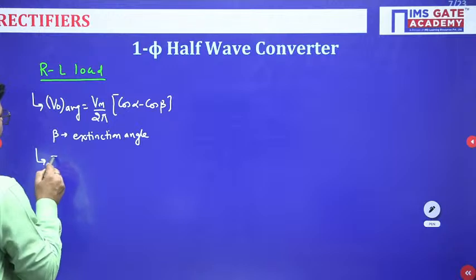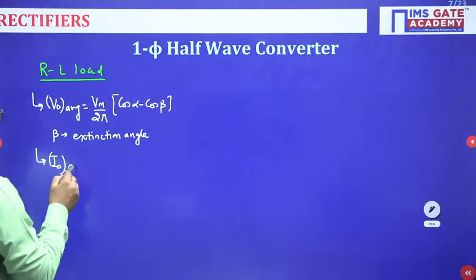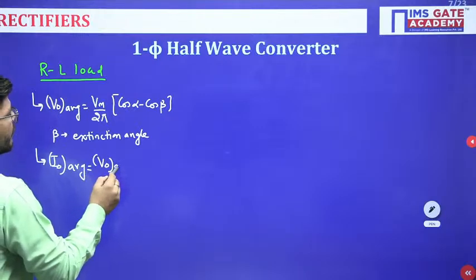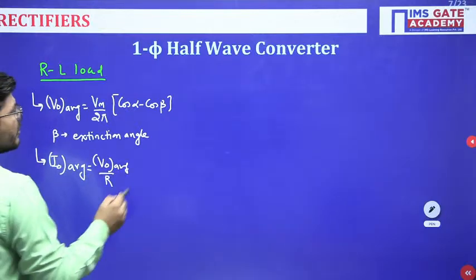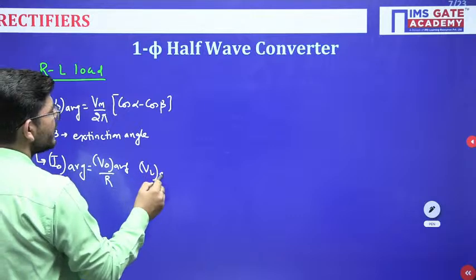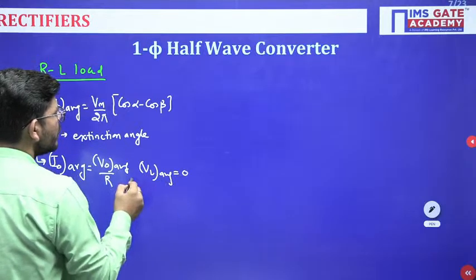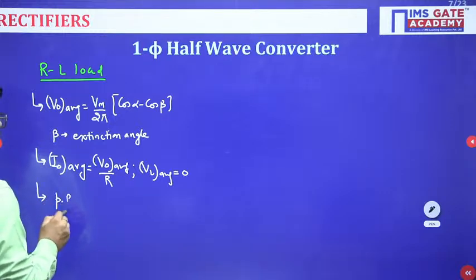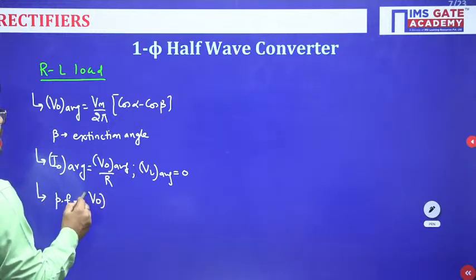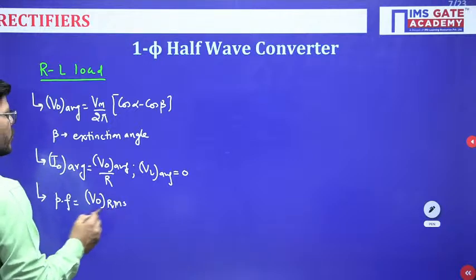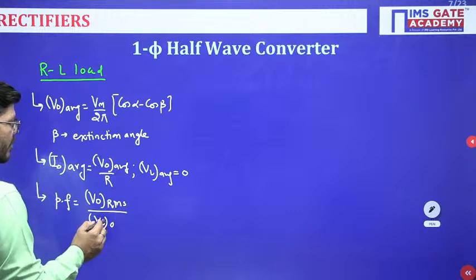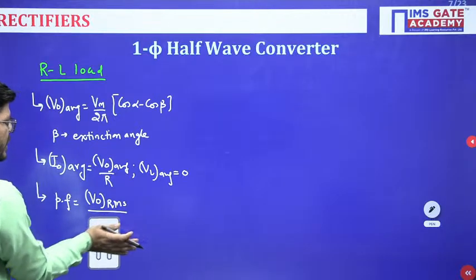Now what will be the average output current? You can simply calculate it by V naught average divided by R, because the average inductor voltage is equal to 0. If I have to calculate the power factor here, again we use the same formula, V naught RMS upon Vs RMS.